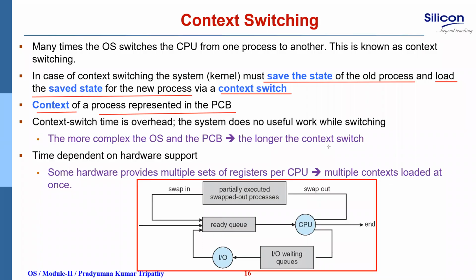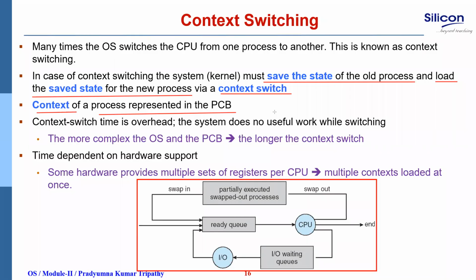Anybody who can answer this? Is the context switching good for the operating system or bad for the operating system? From the operating system point of view. Anyone? Are you there or not?